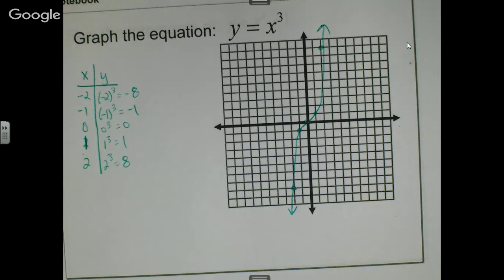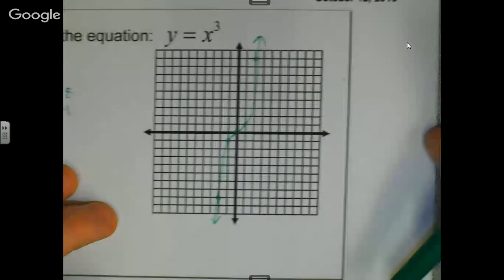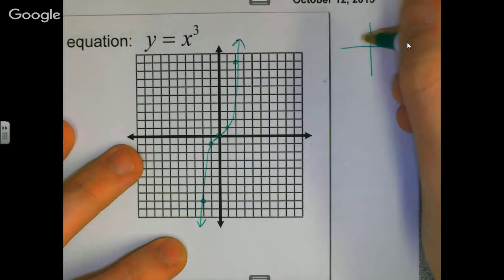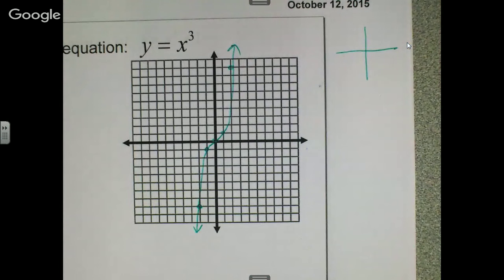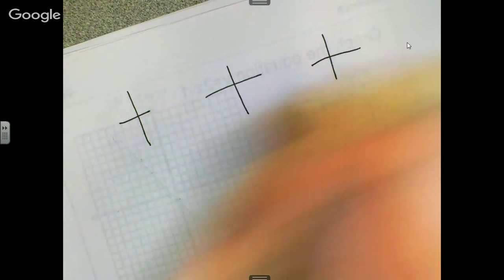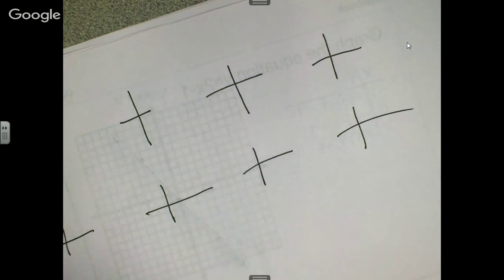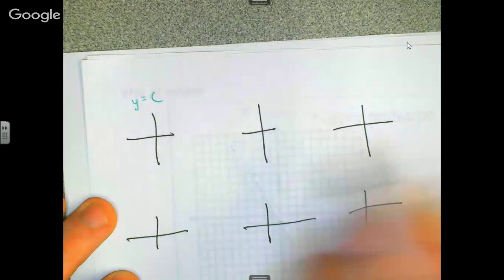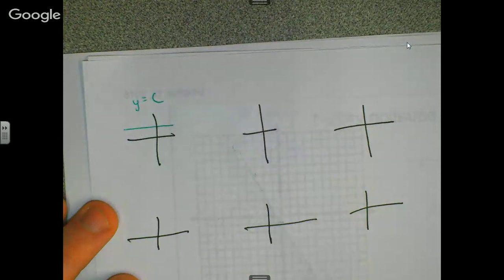With this kind of progression of graphs, let me just do it on the back here. I call this the evolution of polynomials. We'll start with a constant, y equals c. It's a line like that.